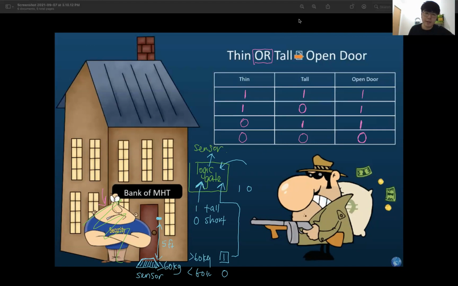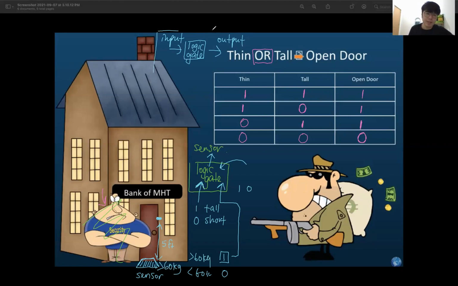So I can draw my diagram like this. This is the logic gate, and here is my input in the form of current, and it is going to give me an output in the form of an action, whether it opens or does not open.